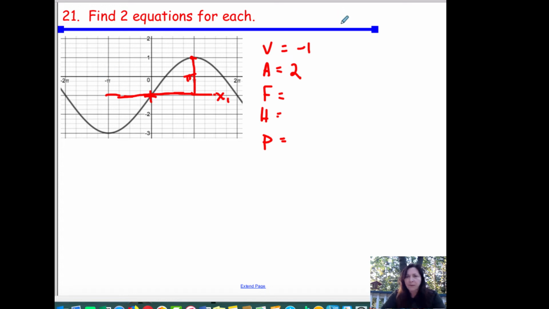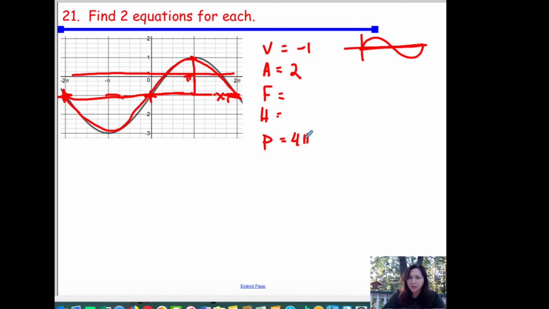If you're thinking about a cosine wave, cosine starts at the top, goes down, goes up, ends at the top. That's a 2 pi period, one full cycle. So if I were to start down here, it goes down, comes back up, and then ends at the same level. From here to here is 2 pi, from here to here is 2 pi. That means my period is a total of 4 pi. Horizontal shift for this value is none.